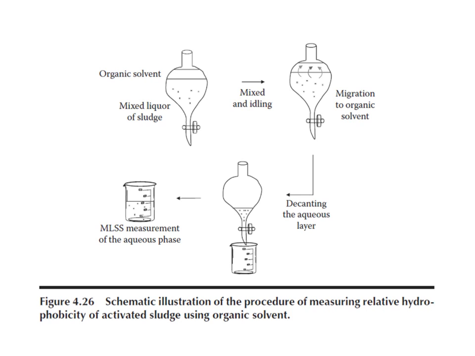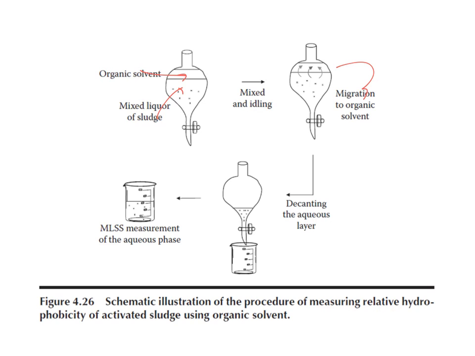This picture shows the way that we can measure relative hydrophobicity for microbial floc. We put organic solvent here, we put mixed liquor here, mix it to form an emulsion and let it stay for a few hours.